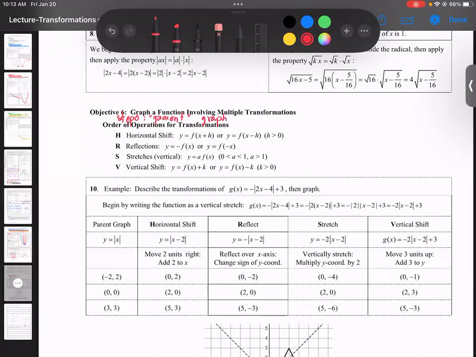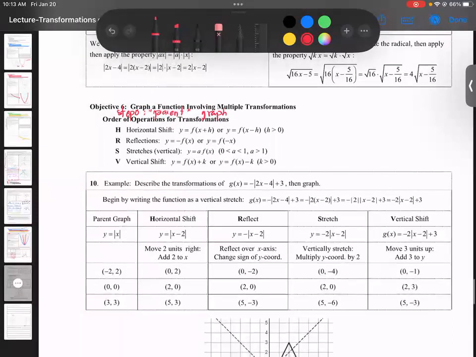Is it the quadratic family? Is it radical family? Cubic family or all that. And then step number 1, always horizontal shift first. The last step, always the vertical shift. Between them, reflection is step number 2, and step number 3 is the stretch.